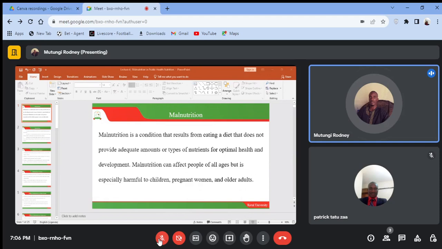Then wasting, it is more of having less weight compared to your height. Okay, so someone should always be a bit proportional, but if you have less weight compared to your height, then we consider you to be undergoing this condition of wasting.